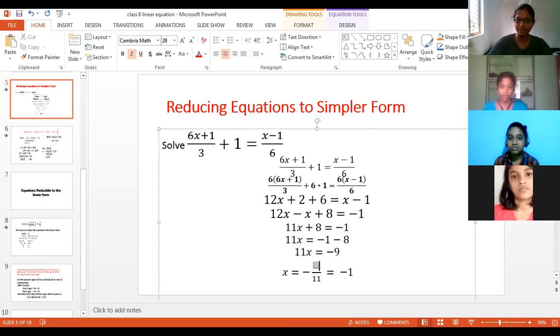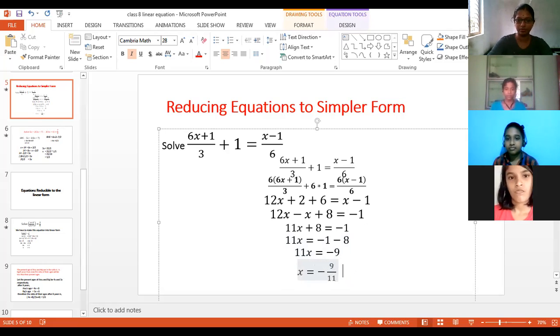Okay, here is what we have done. First, we have changed our equation to 12x plus 2 plus 6 is equal to x minus 1. And then we have arranged our variables on one side and the numbers on the other side. For that, I have moved the x on the RHS to the LHS.